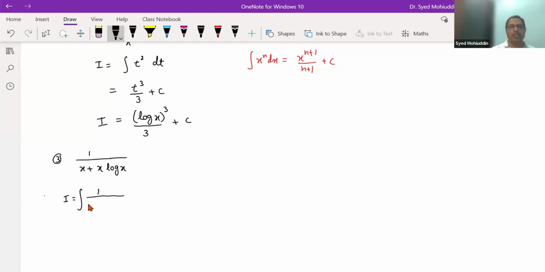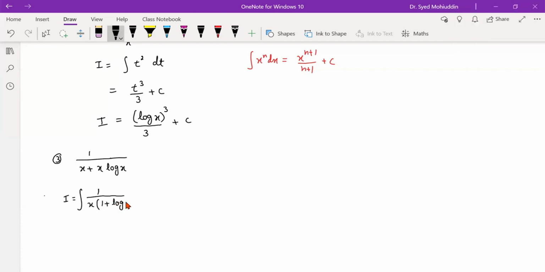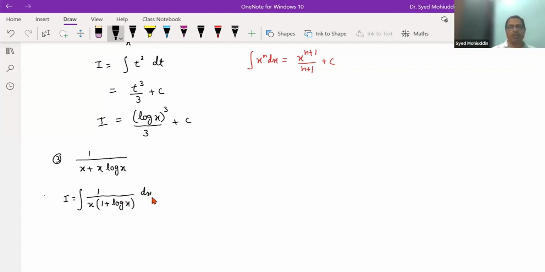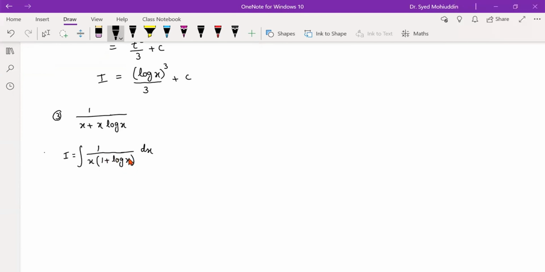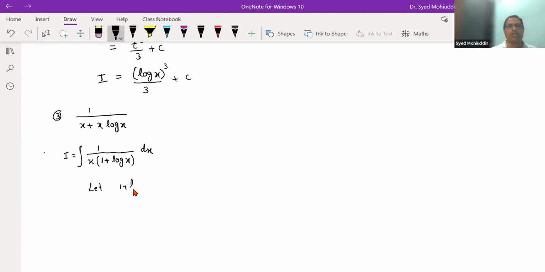What is common here? x is common, right? Taking x common, 1 plus log of x, times dx. Now if you try to observe over here, 1 plus log x should be what? Let 1 plus log of x be equal to t. That is a substitution.